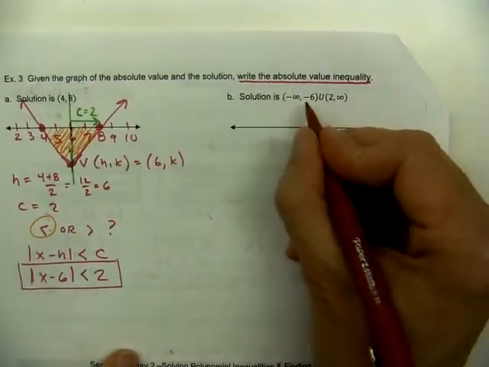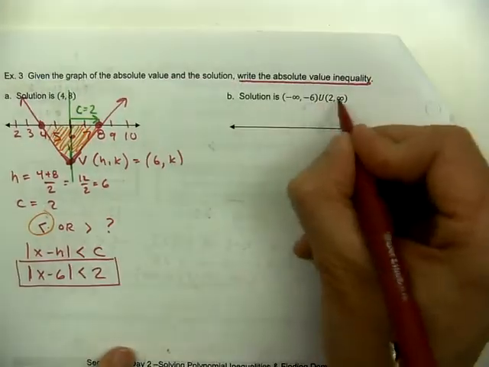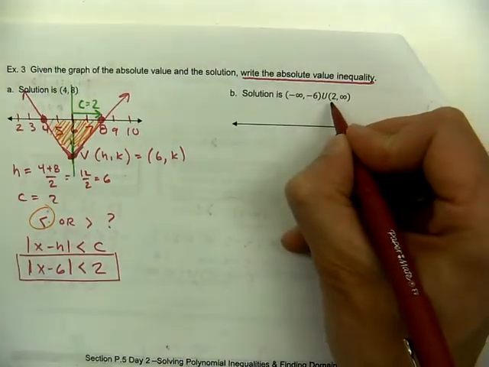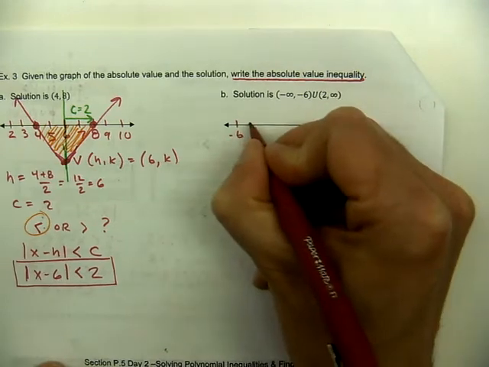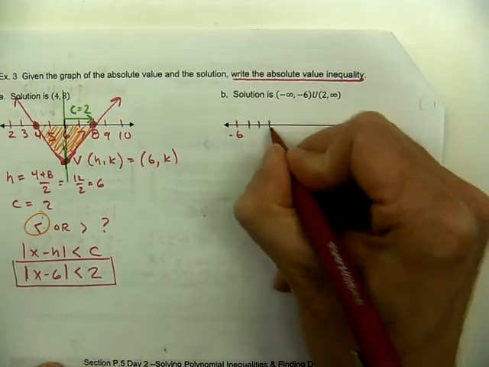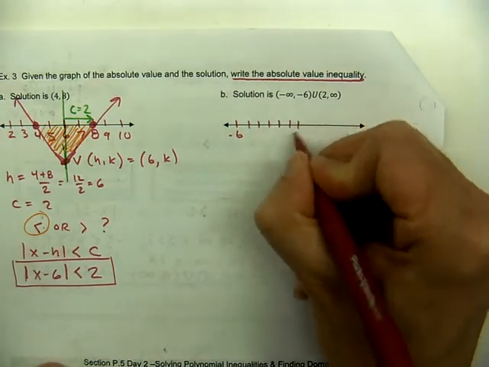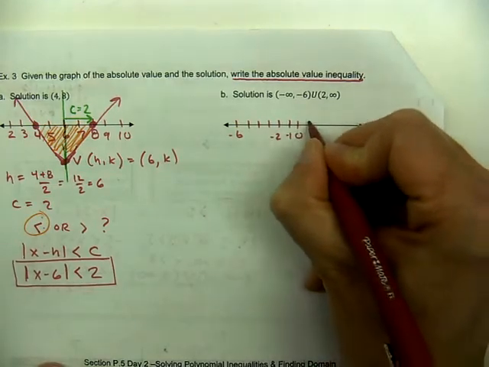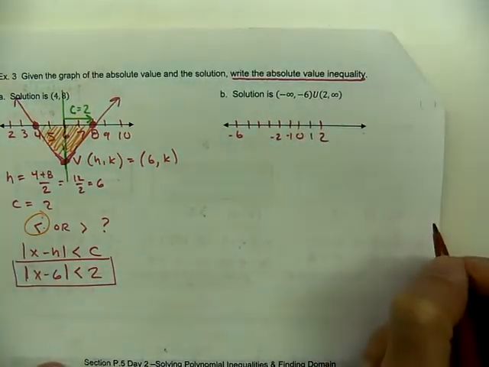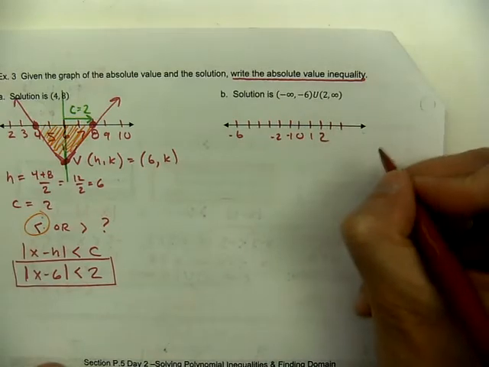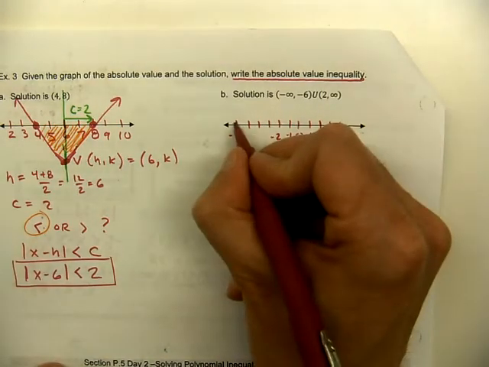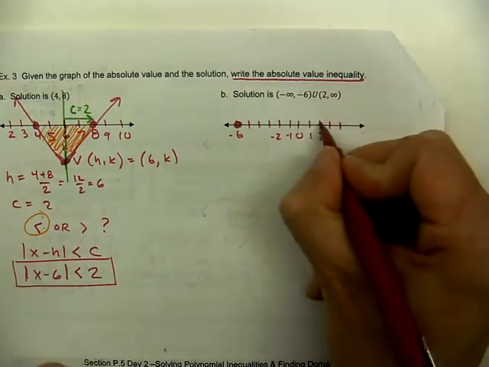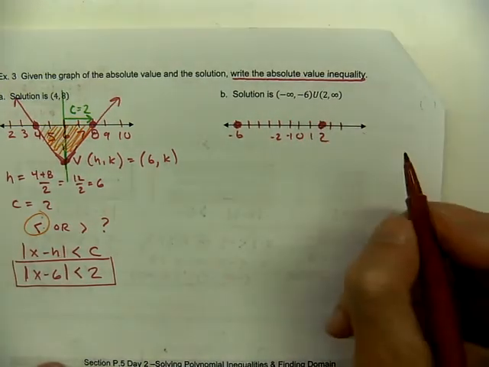Here we have now 2 intervals. There are your critical values of -6 and +2. So again, let's create a little picture here. I'm going by ones on my scale. So we have a critical value at -6 and at +2.